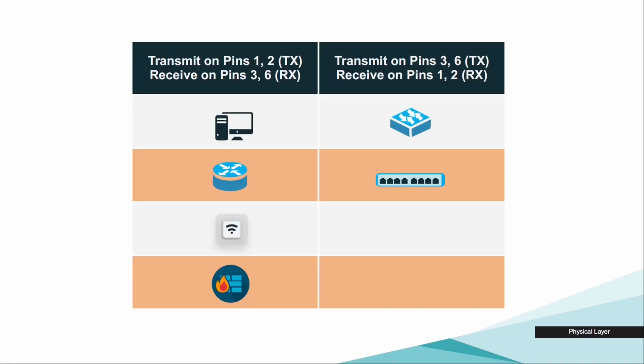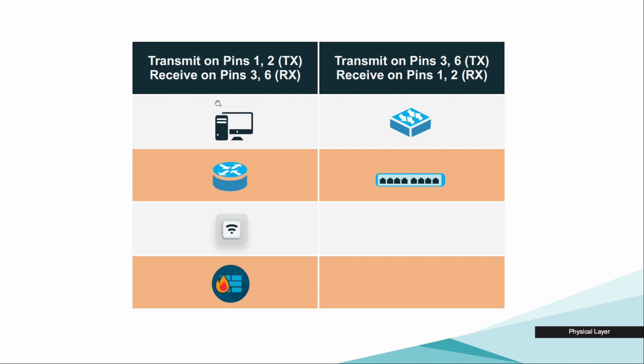So you can ask a question right now. What type of cable should I use for my connection? Should I use a straight through or crossover cable? Let's take a look at our table right here in order to know how the devices are transmitting data, which pins they are using.